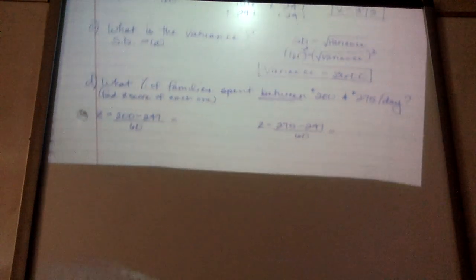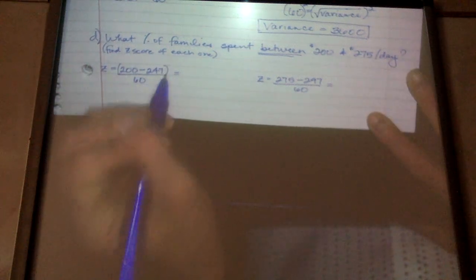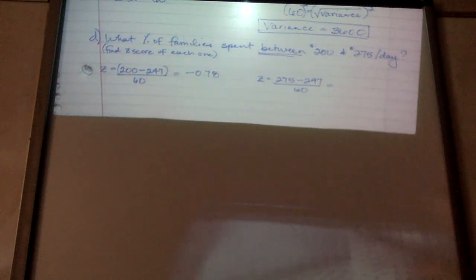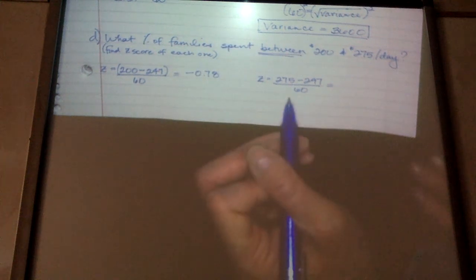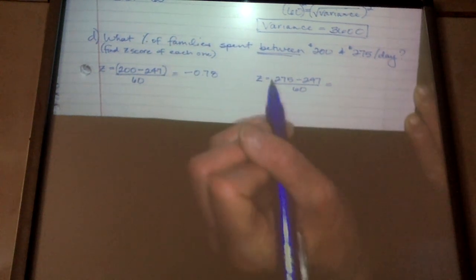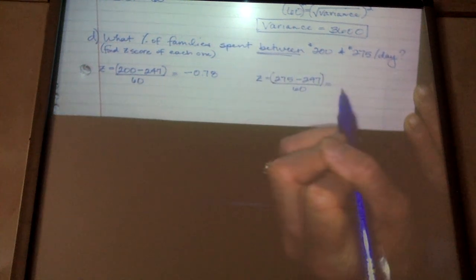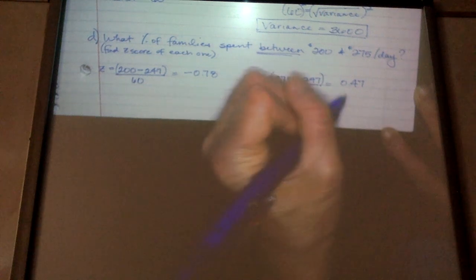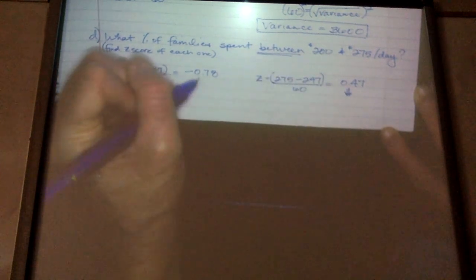So I'm going to use my calculator to find those values. So 200 minus 247 divided by 60, I got negative 0.78. Okay, 275 minus 247 divided by 60, I got 0.47.